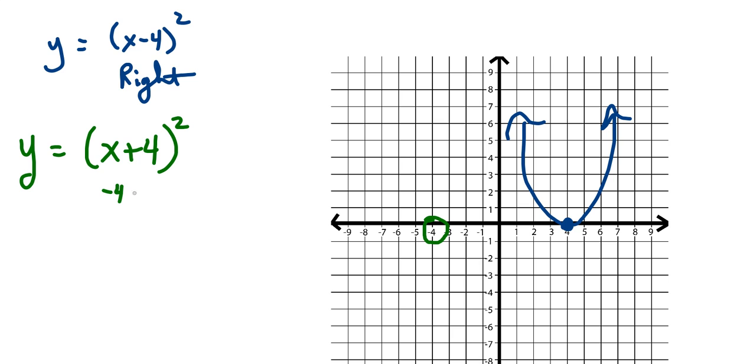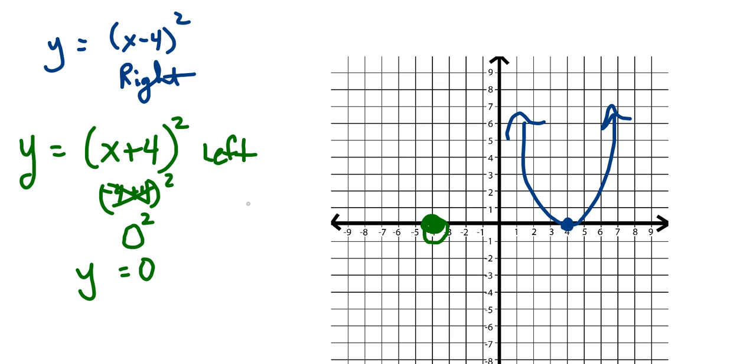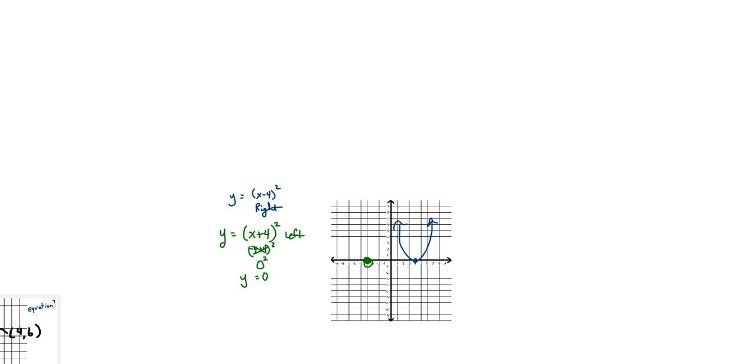Because when -4 adds to 4, that will make it 0 squared. They will cancel each other out. That will give me 0, and that will make the graph start right here. So this -4 will move to the right, +4 moves it to the left. Okay, so that's one way to start the problem.